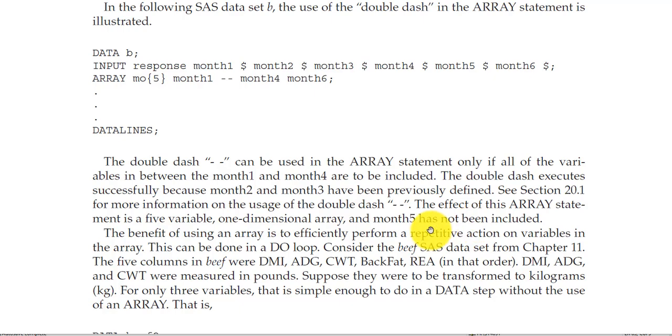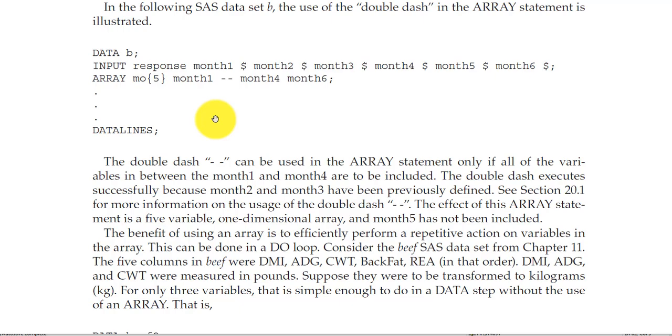There is an important tool in any of the statements where we can list several variables, and that is the double dash. We want to be careful with that, and it's referenced also in chapter 20 in miscellaneous topics, where I give you more details.